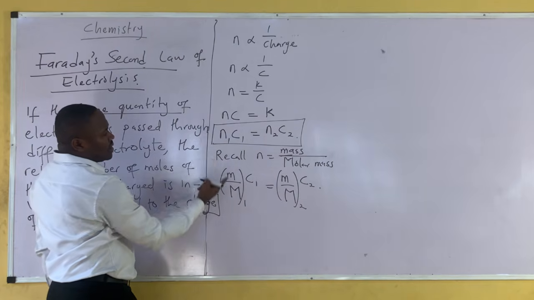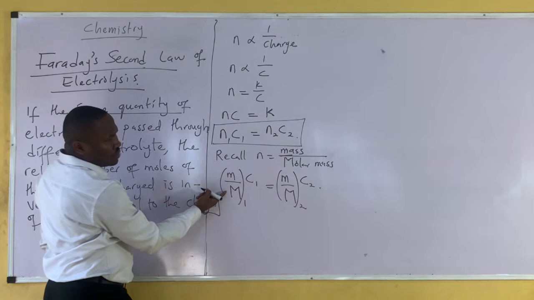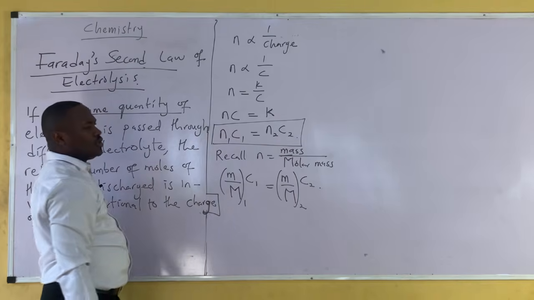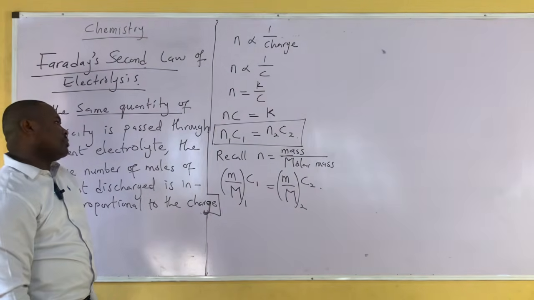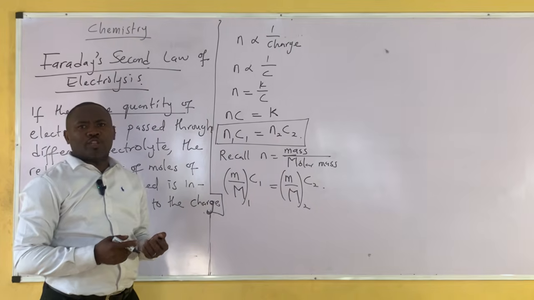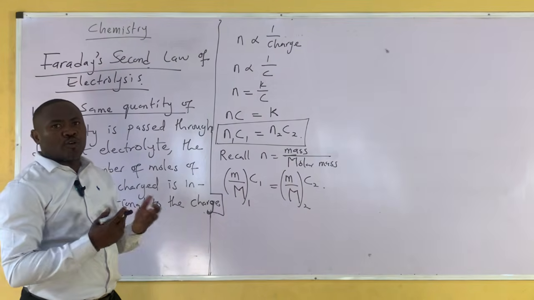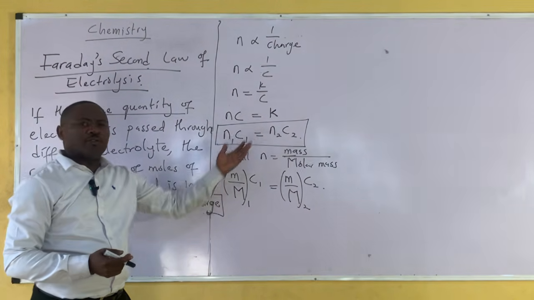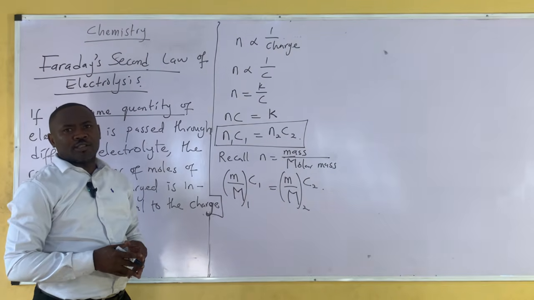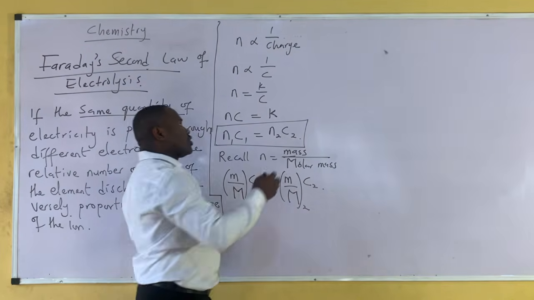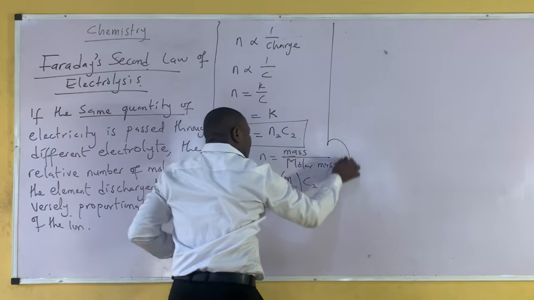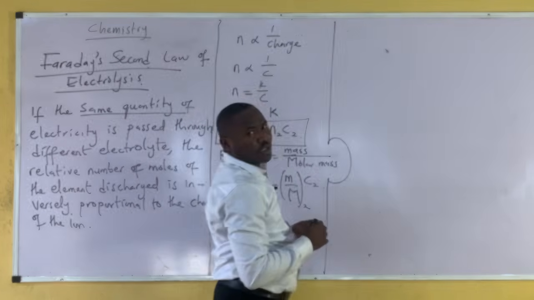It can still be just like this. Now it means that if we have two different electrolytes, we can solve for any of these variables under Faraday's second law.